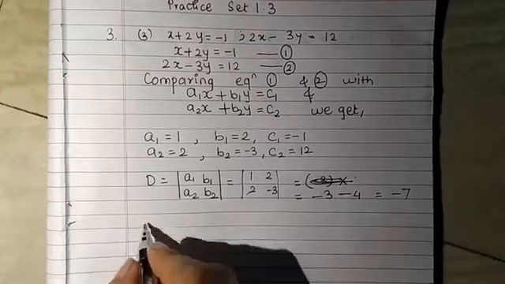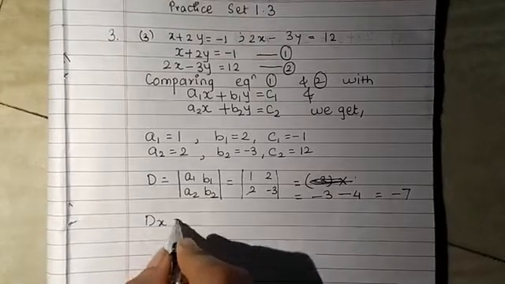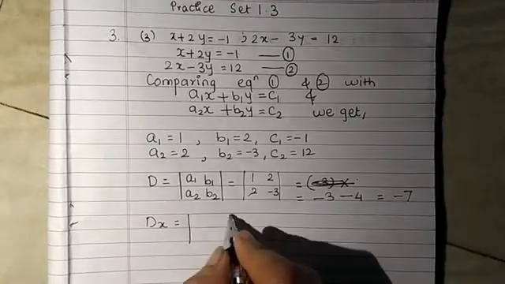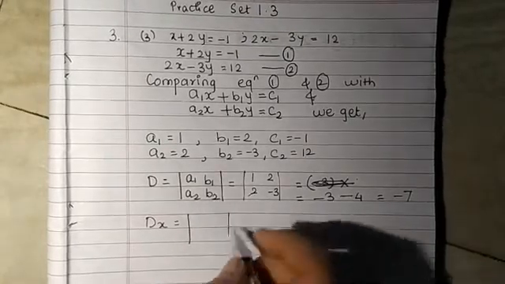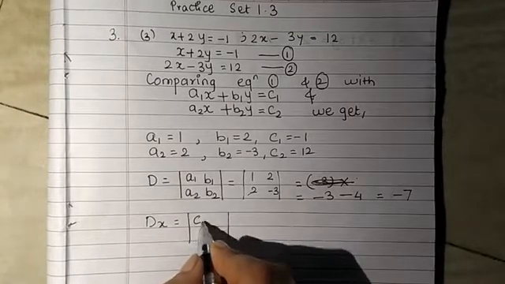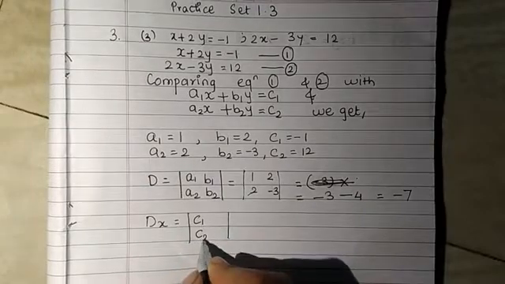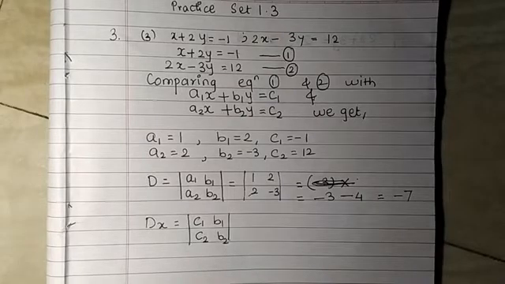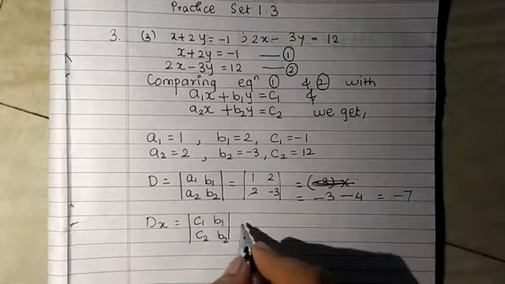Then after getting the value of D, you will move toward finding the value of Dx. To find Dx, which determinant will you use here? You will use this determinant: c1, c2, b1, b2. This you have to memorize by heart.